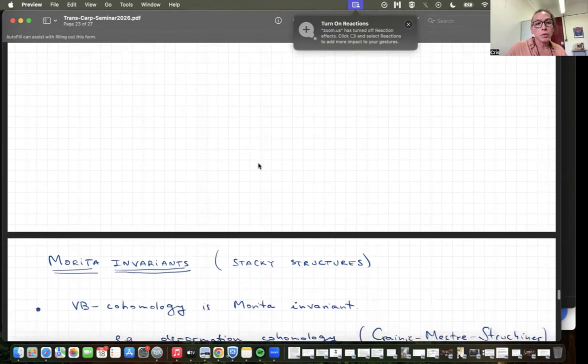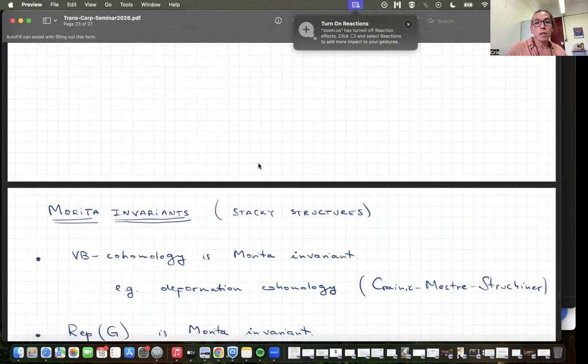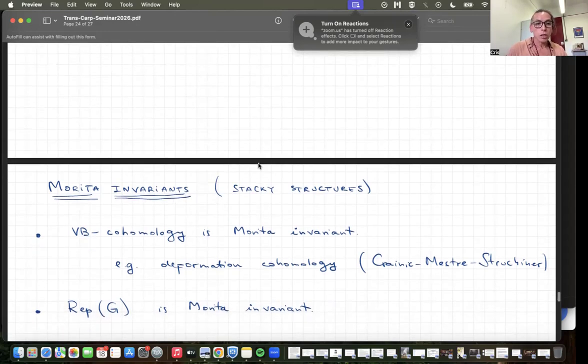So for instance, as you asked me before about the cohomology of a groupoid, any VB groupoid has a cohomology, which is given exactly by taking this Bott-Shulman complex and so on. And it turns out that the VB cohomology is Morita invariant.